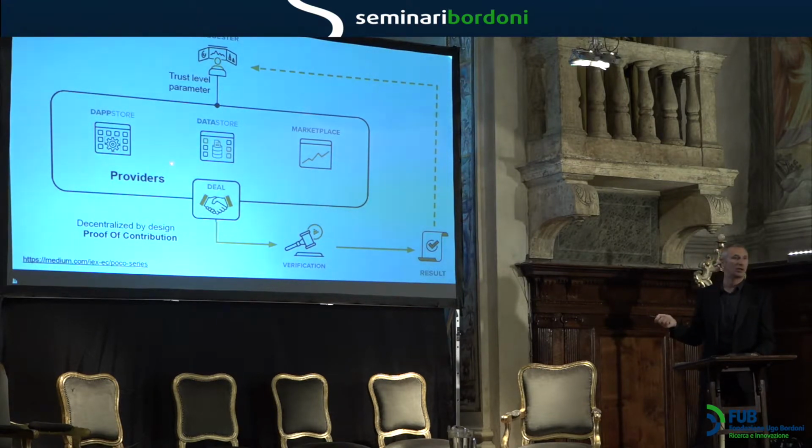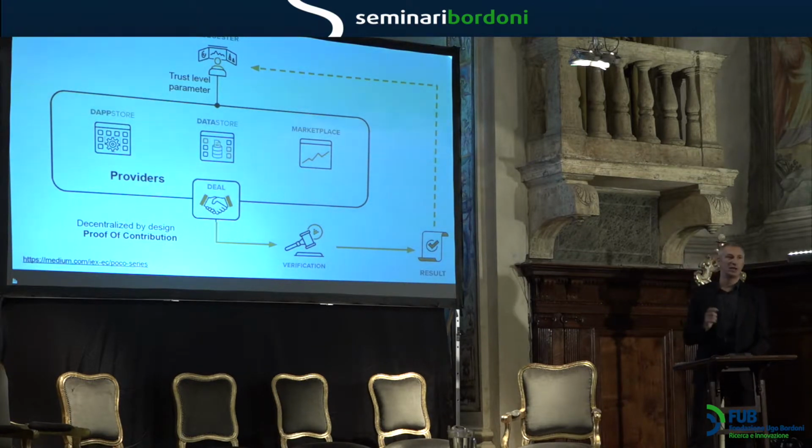The deal is recorded on-chain, and then we have the mechanics that distribute data, deploy applications, do everything. And something really important is that we have a consensus protocol that we call the proof of contribution, and this consensus protocol will basically verify that everything happened according to what has been asked for.